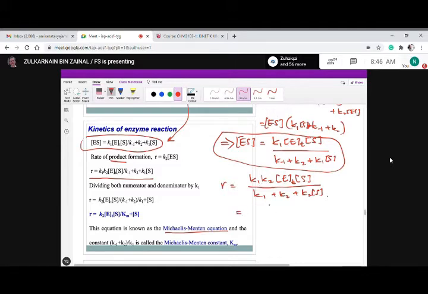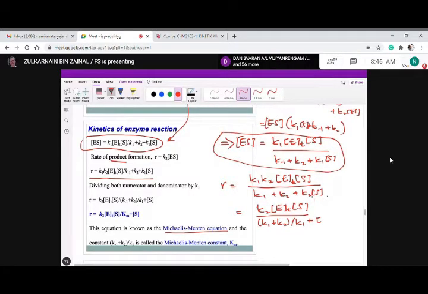So what you will get is K2 ET S over K minus 1 plus K2 divided by K1, plus S. Something's not right there.